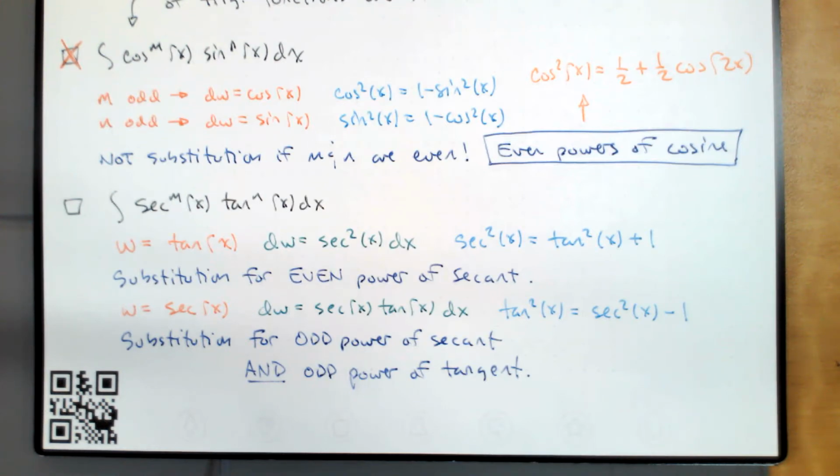And now we're left with one last case. So the last case is odd powers of secants, even powers of tangents. That's the only thing left over.